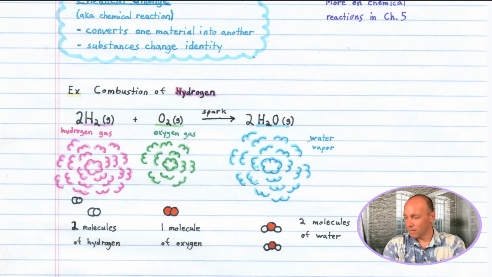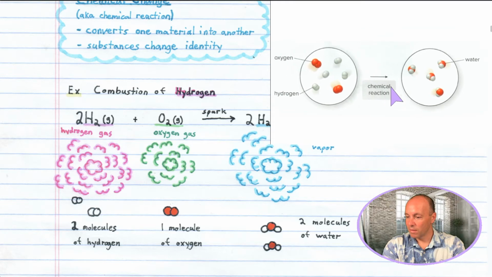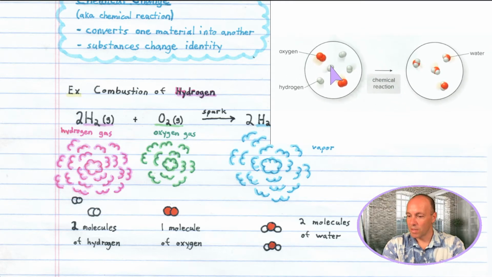Your author also illustrated this chemical reaction in the textbook. And here it is right here. You can see she drew 4 hydrogen molecules reacting with 2 oxygen molecules and generating 4 water molecules. So she did twice as much reaction as I've drawn right here.